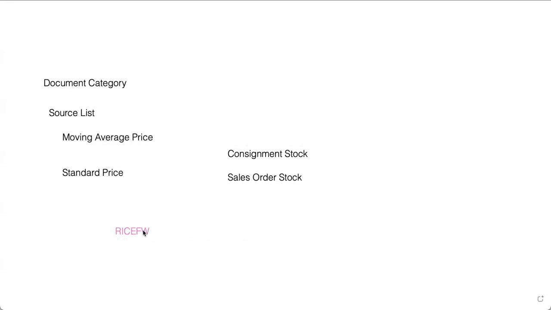Okay, so these are the different types of developments in SAP: reports, interfaces, conversions, enhancements, forms, and workflows. If you do any kind of development in the system based on business requirements, these are the different things available in any implementation or project we do. During that time, we do these different kinds of developments.